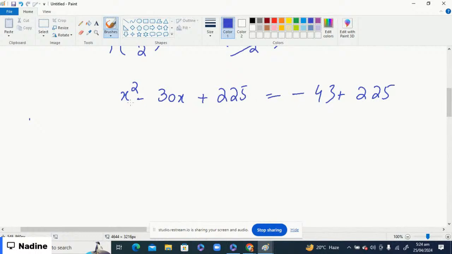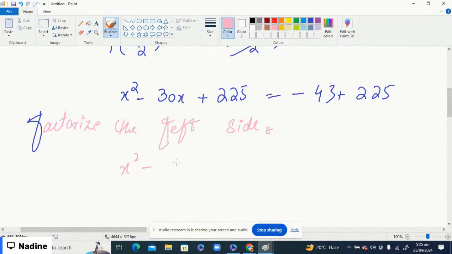Now we factorize the left side. What's the other step? It's factorize. Let's factorize it. This is x square minus 30x plus 225. How can we factorize it? What it becomes?